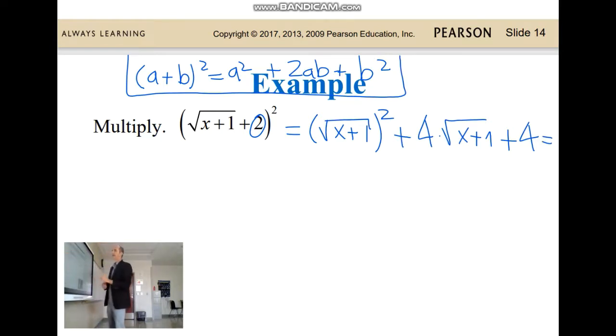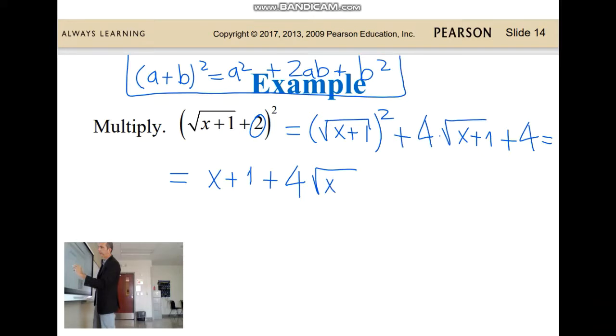Okay, and this is going to be, square root of x plus 1 squared is x plus 1, right? Plus 4 times the square root of x plus 1, plus 4.